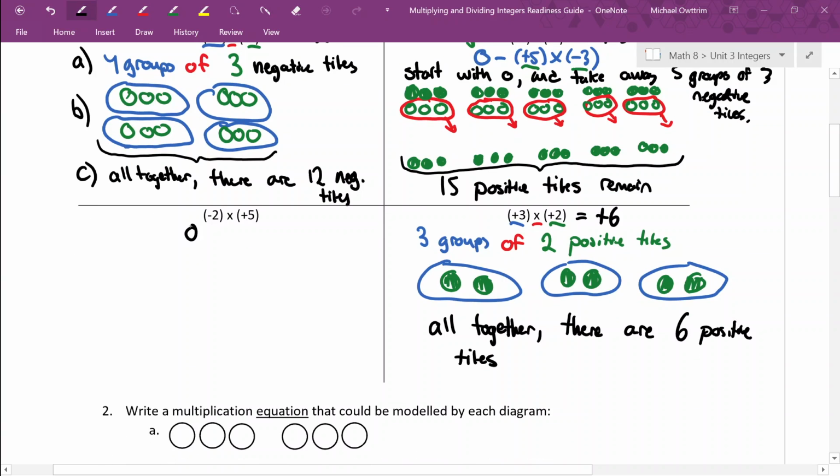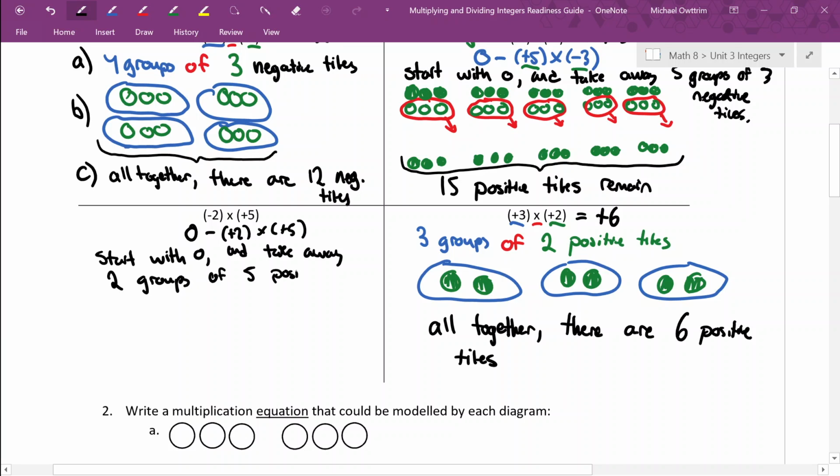We're going to rewrite it as 0 take away positive 2 times positive 5. That means start with 0 and take away 2 groups of 5 positive tiles.